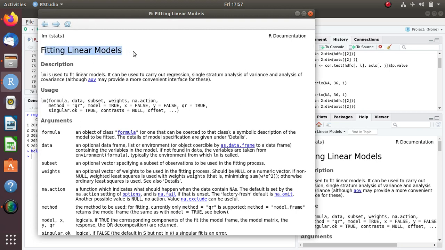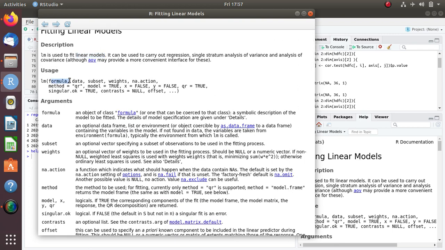This is fitting linear models. Maybe LM stands for linear model, something like linear models. LM is used to fit linear models. Now you have the formula. We need to supply a few arguments to this function.